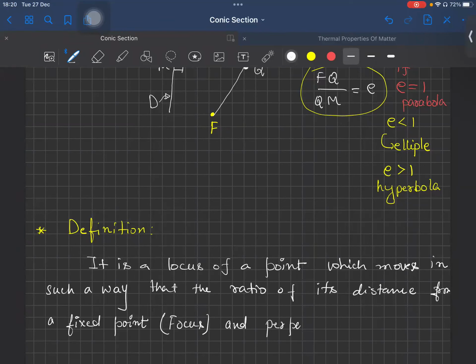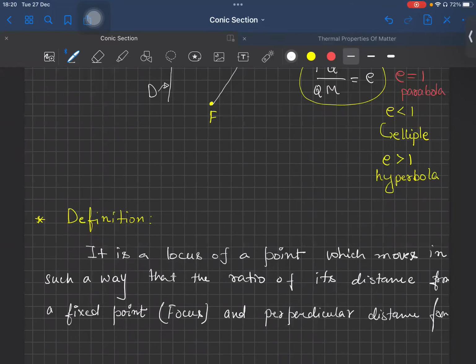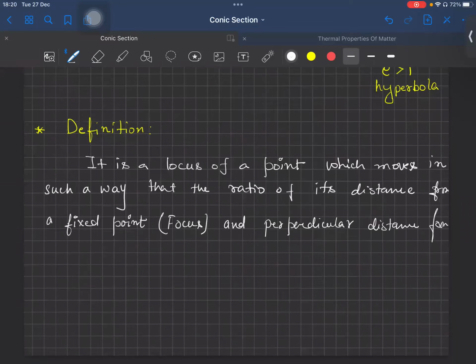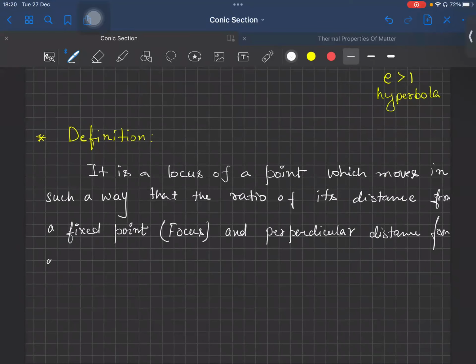perpendicular distance from a fixed line. What is this fixed line called?